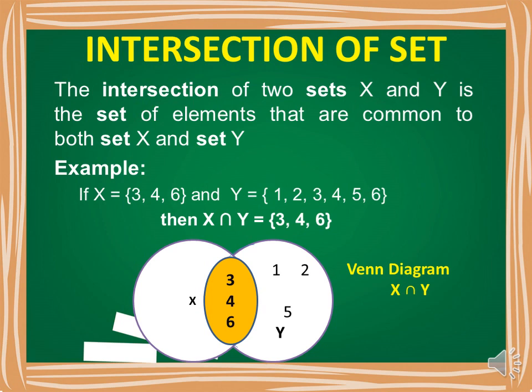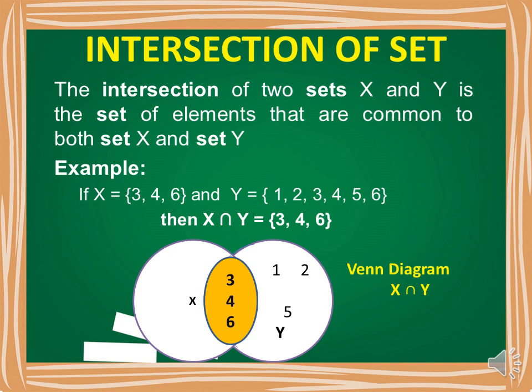The answer is 3, 4, 6. Where did we get the answer? By looking at the elements of both X and Y. What are the elements common to both? It's 3, 4, and 6.